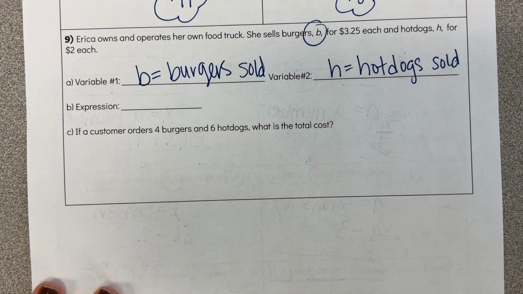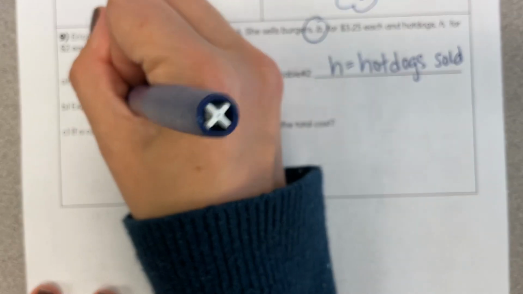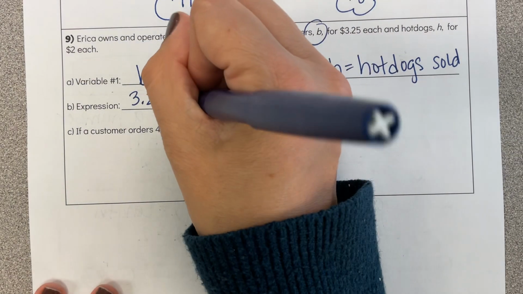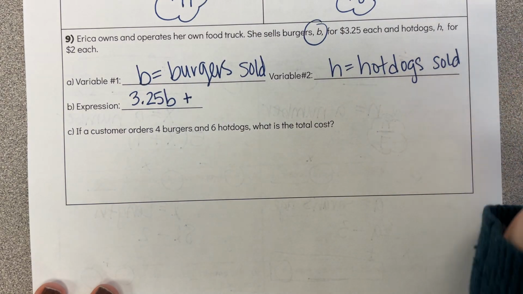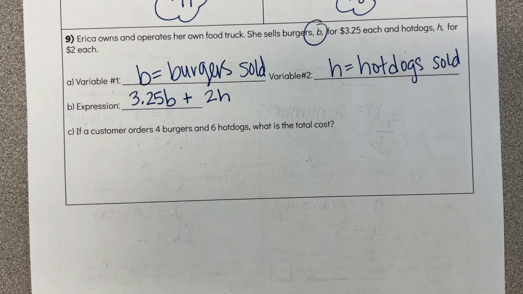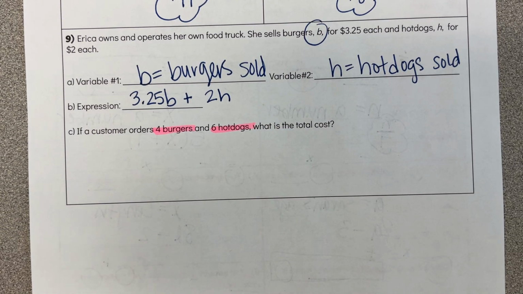So for our expression, she sells burgers B for $3.25, so it's $3.25 times however many burgers, plus hot dogs H for $2, so 2 times however many hot dogs. Now when we're gonna go in and calculate 4 burgers, 6 hot dogs.